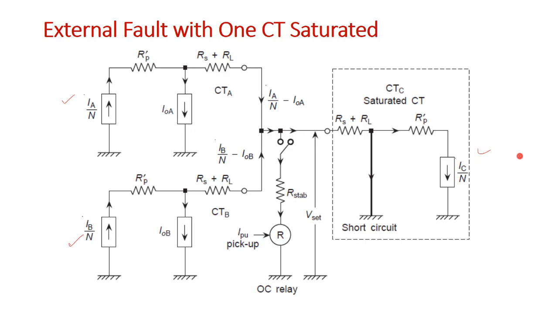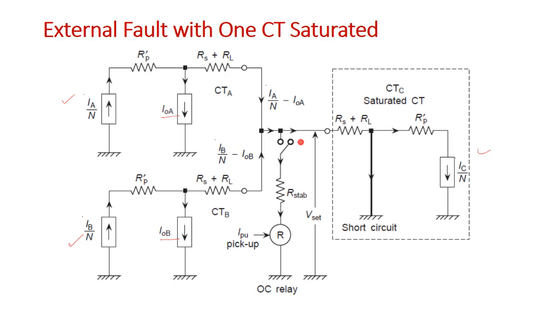Now some external fault is happening beyond CTC, and here we can see the current sources, because on the secondary side they become IA by N and IB by N. Because CTA and CTB are not saturated, the magnetization currents will be IOA and IOB, and as CTC becomes saturated because of the external fault, it will become short circuited, and no current will flow in the burden, right?